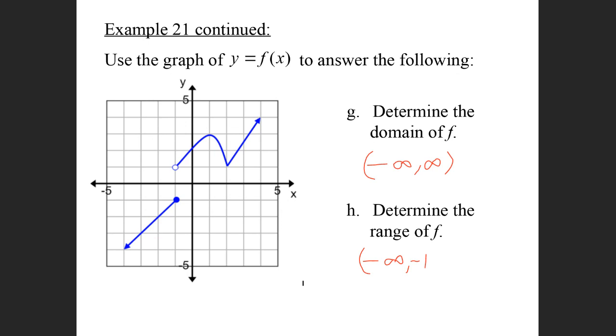You're right. Extend this. You will keep intersecting this curve till minus 1, and minus 1 is included because of this.